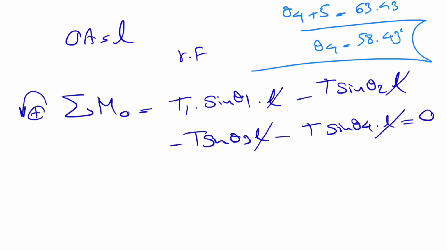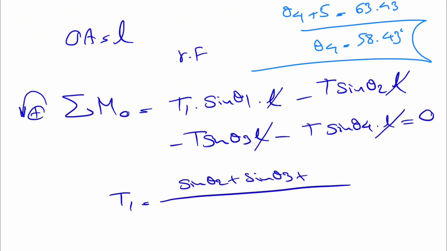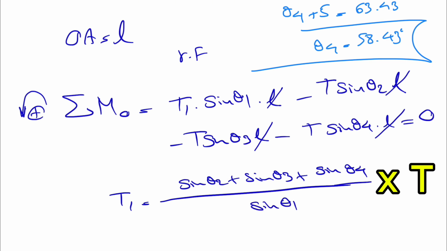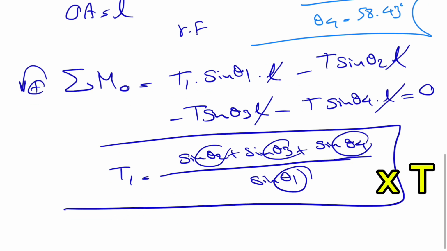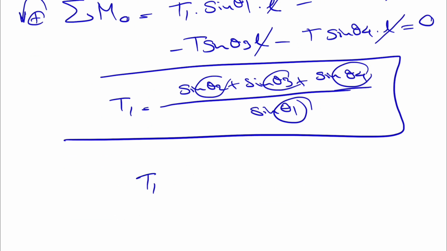So as I mentioned, we can divide each side by L, and the L will be cancelled out, and what we end up with is t1 will be equal to sine of theta 2 plus sine of theta 3 plus sine of theta 4 over sine of theta 1. And we already have all the theta, and if you plug in our theta in here, we'll find our t1 will be equal to 4.21 t.